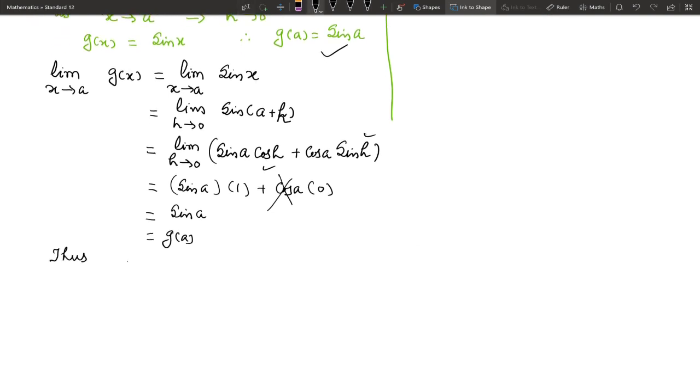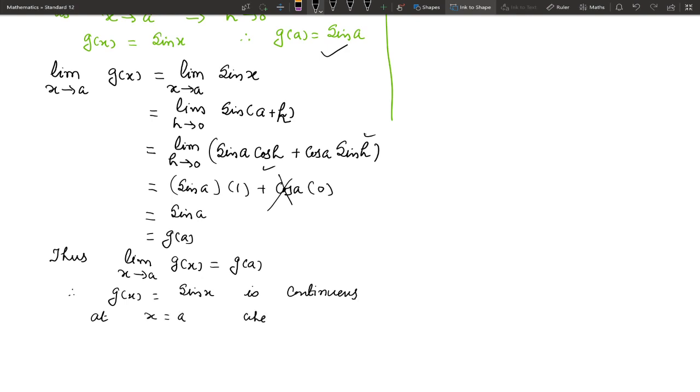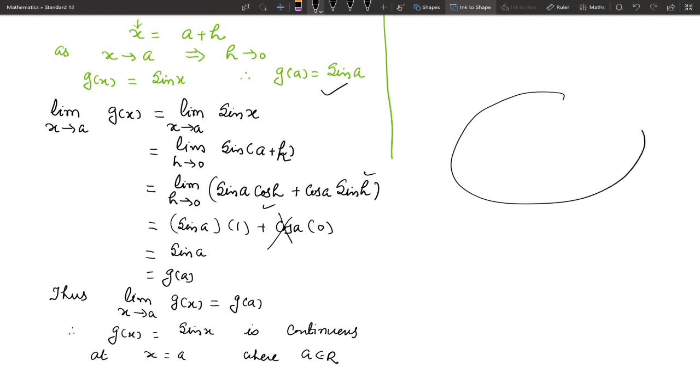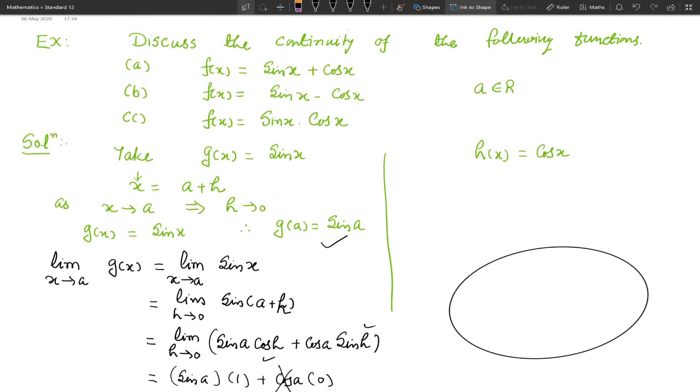Thus limit x tends to a, g of x equal to g of a, and therefore g of x equal to sin x is continuous at x equal to a, where a belongs to R. Similarly, for h of x equal to cos x, you can prove that limit x tends to a, h of x equal to h of a.